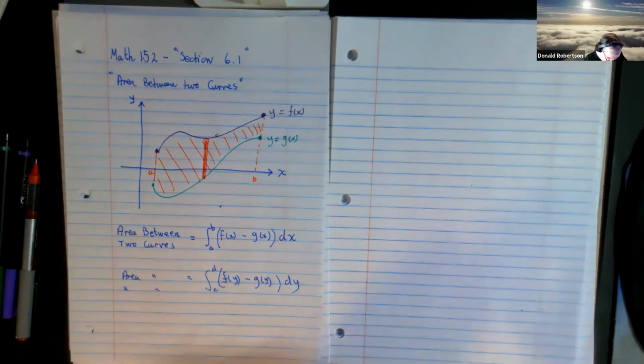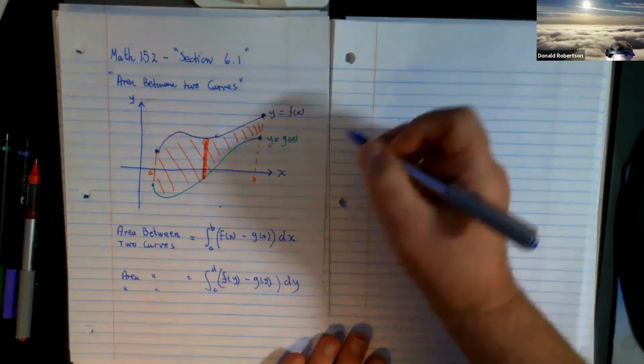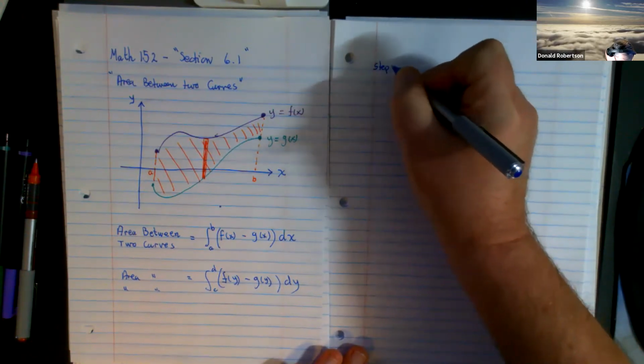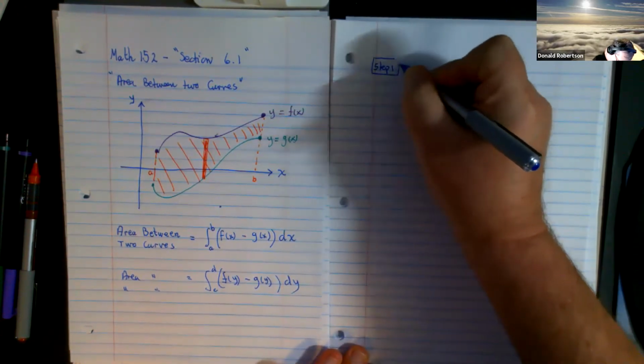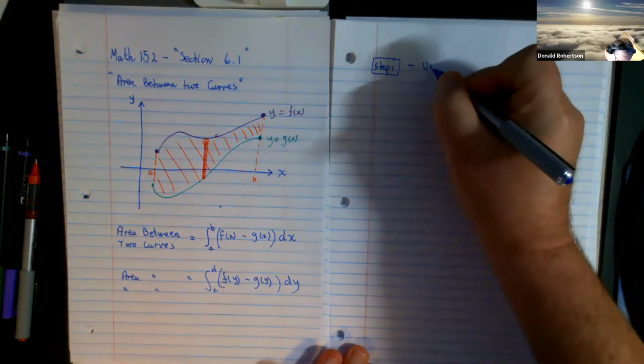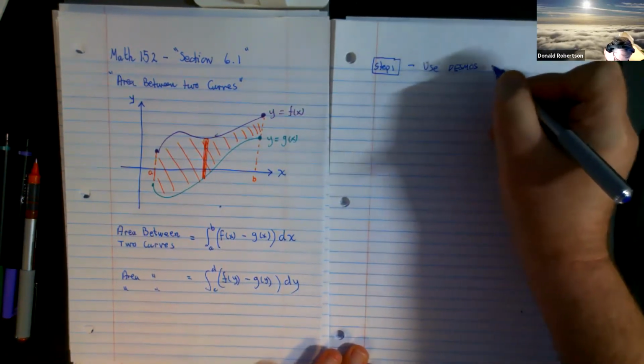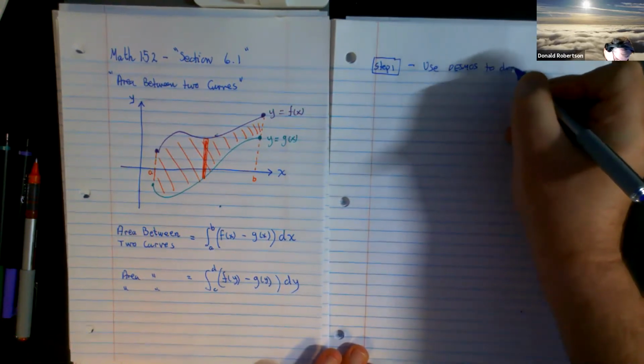The normal way to do this would be something like this. You get the question, and step one is that you'd use Desmos to draw both sketches.